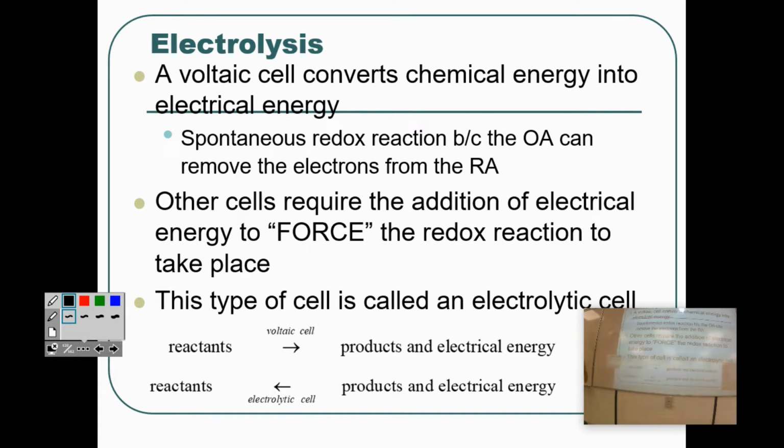So in some cases, a voltaic cell can go like this, and then we can force the products back this way by using electrical energy. If this is an exothermic process here, the reverse reaction is endothermic.